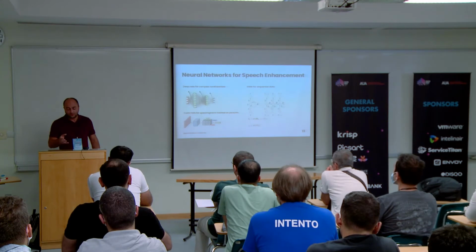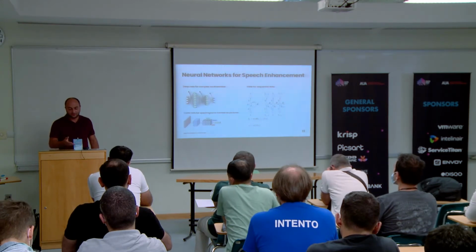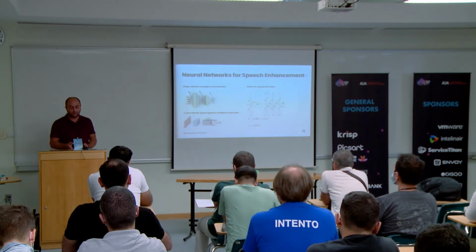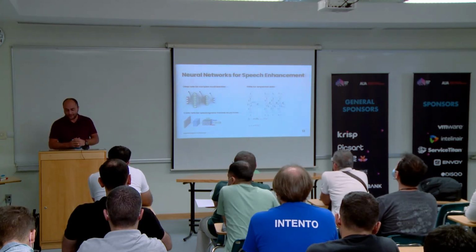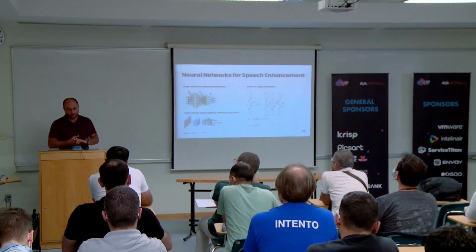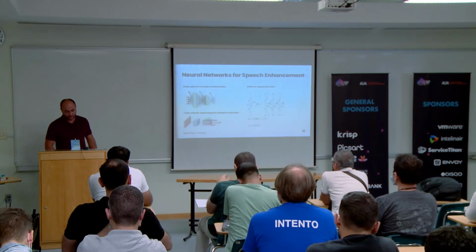Also, a speech signal can be represented as sequential data, and hence we can use recurrent neural networks, and we can also use deep and dense networks to obtain relations between audio patterns, so complex relations.